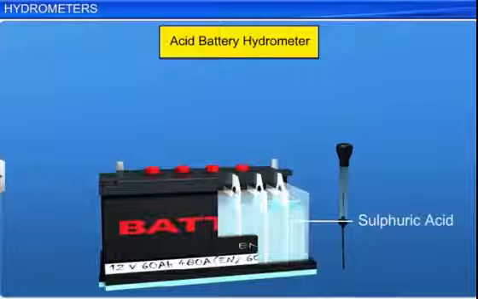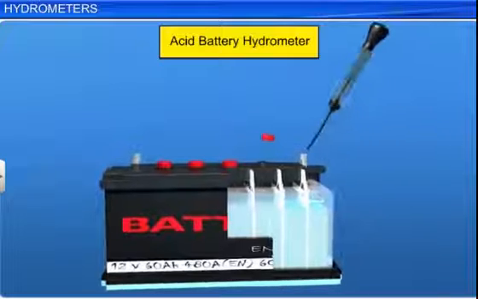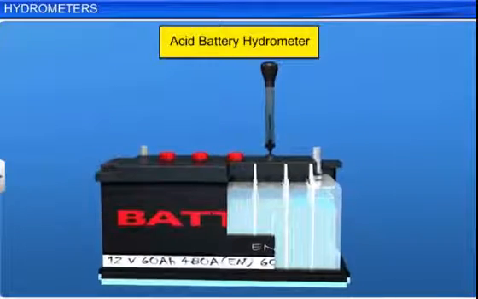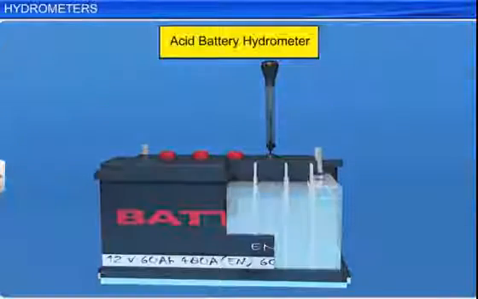The density of the acid decreases as the battery discharges. The battery is not useful if the density becomes less than 1120 to 1160 kg per meter cube. Hence, it is very important to check the density of the sulfuric acid in a battery at regular intervals.